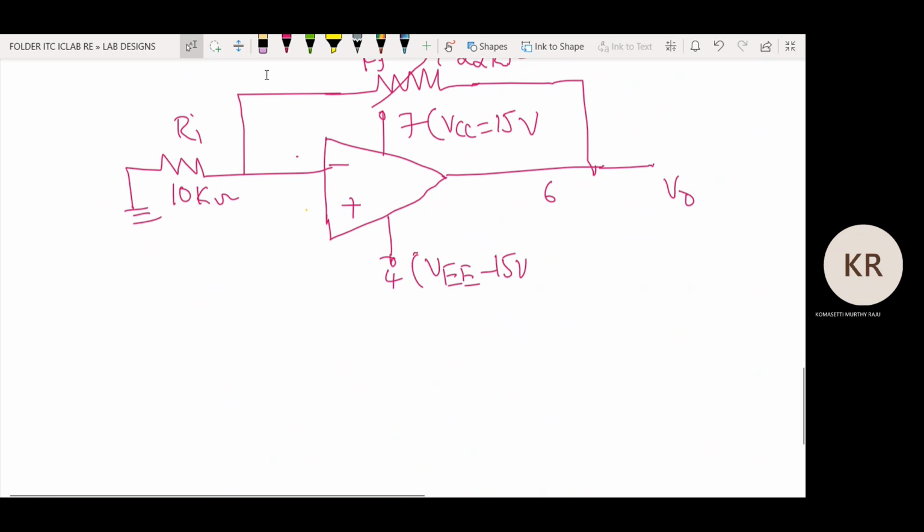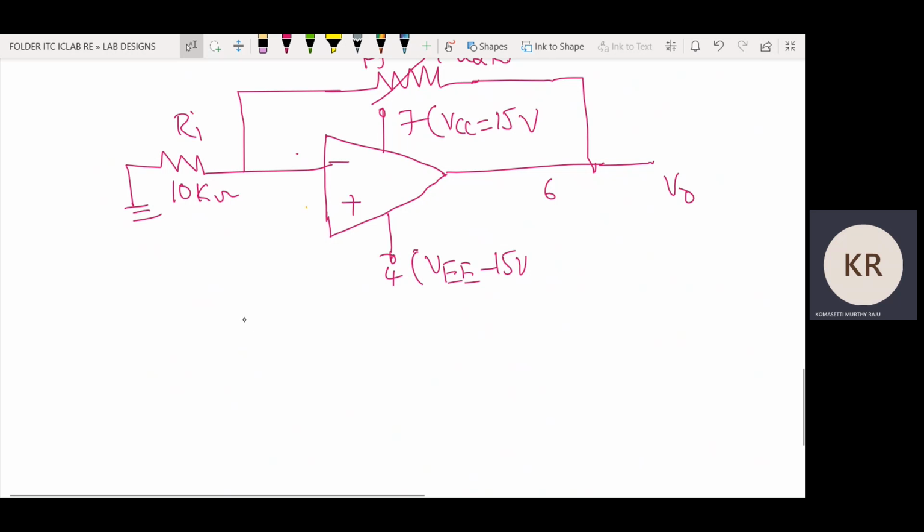Here a capacitor and a resistor are connected in parallel. The parallel combination is connected to the non-inverting terminal of the op amp.